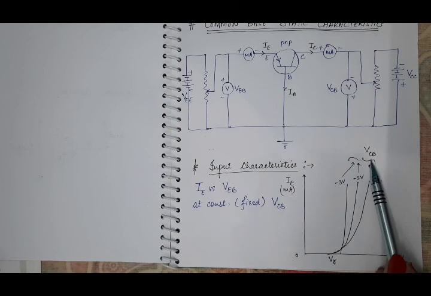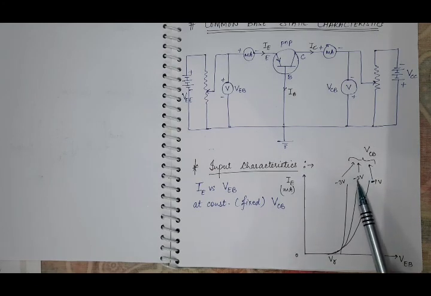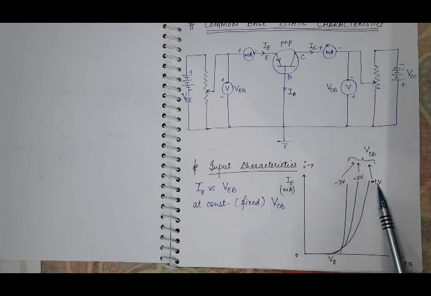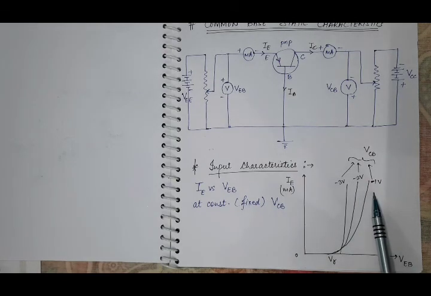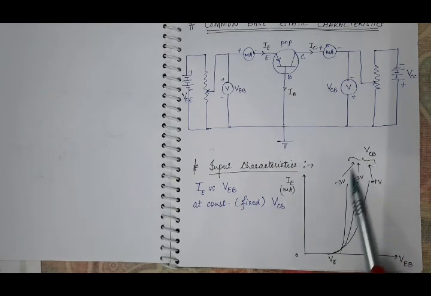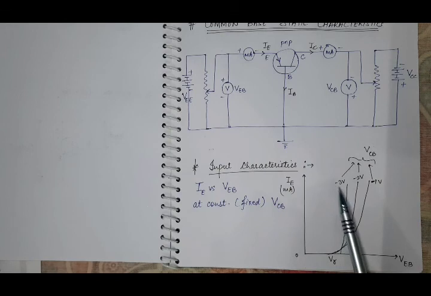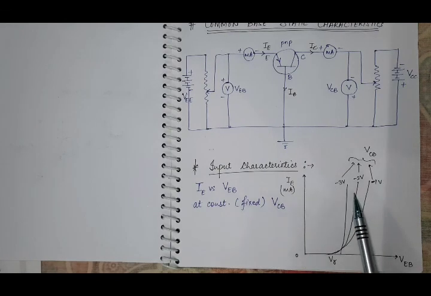And here when this collector base voltage is -2 volt, greater than the previous one, emitter current is rising more quickly than the previous case. And in case of VCB equal to -3 volt, again it is rising more quickly than the previous two ways. So it is because of the early effect.